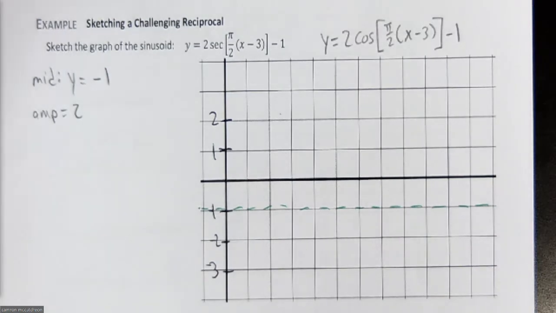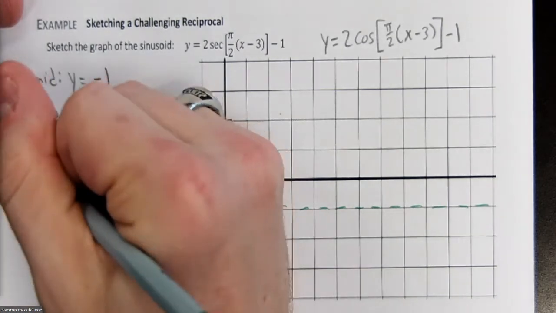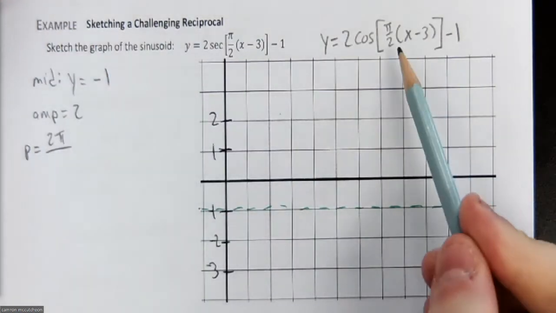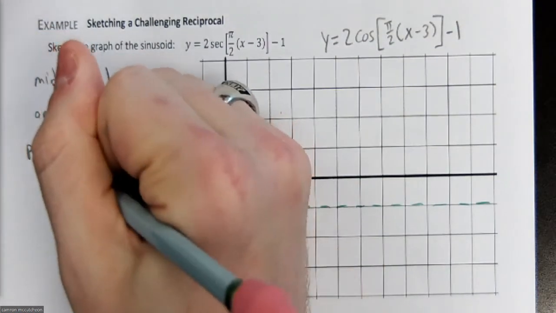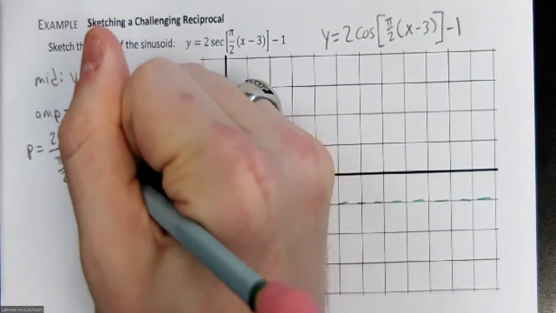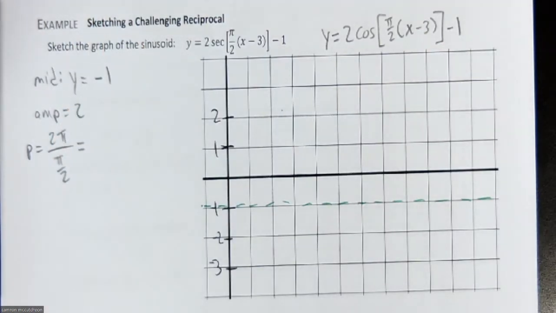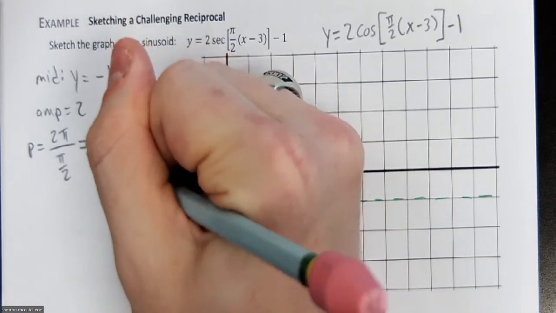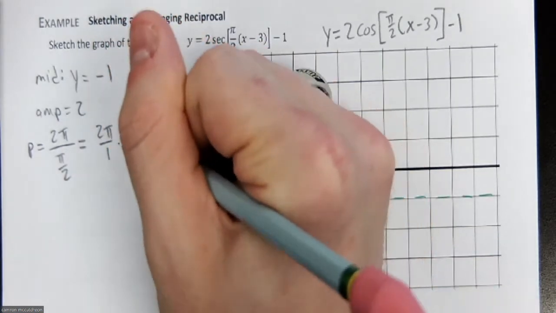I feel like this one was a wide graph if I remember correctly. Oh, no, not too bad. Okay. Next is going to be the period, so I can figure out the scale on the x-axis, right? The period is supposed to be 2 pi over b, so that gives me 2 pi over pi halves. Dividing by a fraction is the same thing as multiplying by the reciprocal. So this is going to give me 2 pi over 1 times 2 over pi.